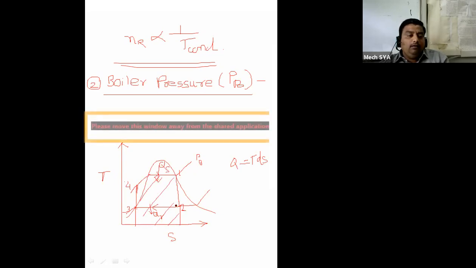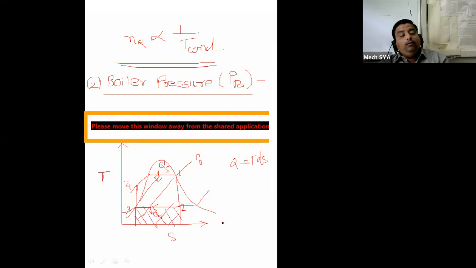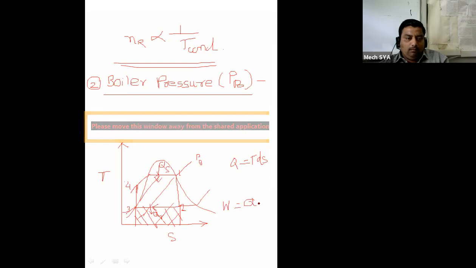And heat rejected will be the area under 2 to 3, the heat reject process. So this will be the heat rejected. Now net work W is equal to heat supplied minus heat rejected. The entire heat supplied from 4-to-1 remains, minus the heat rejected.